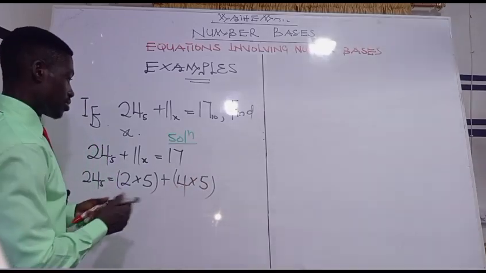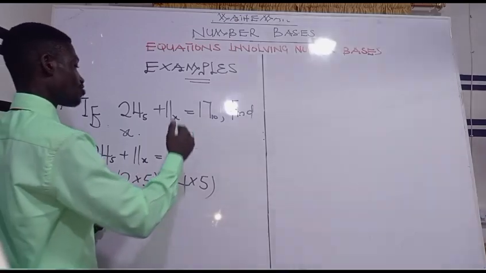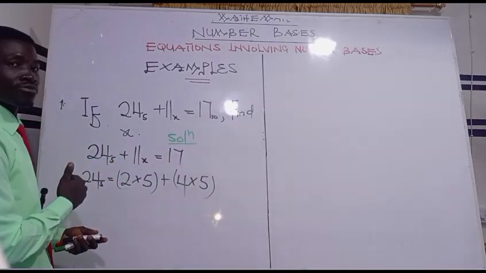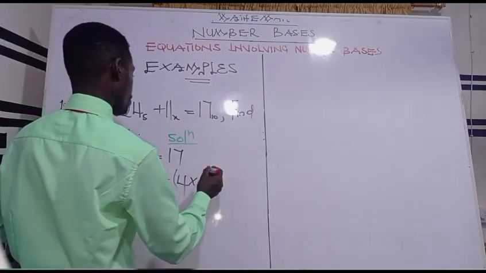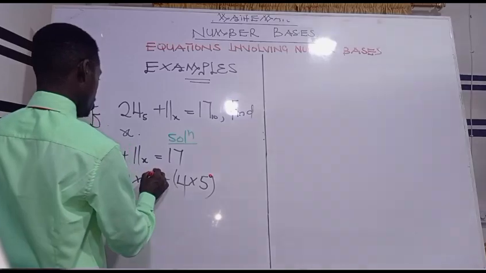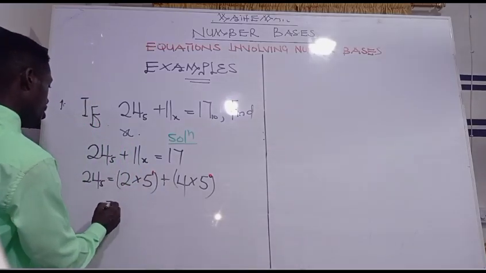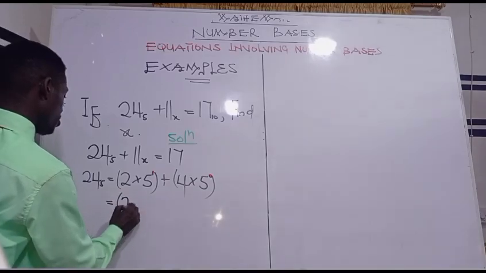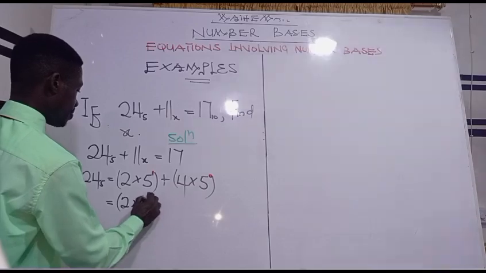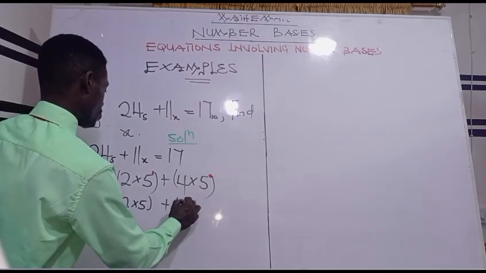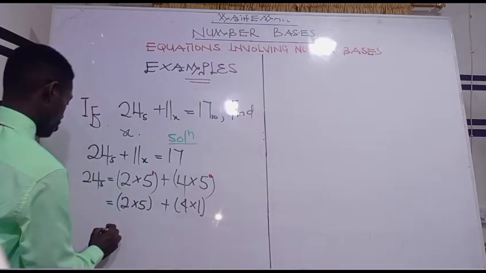The next thing that we are going to do is to start counting from the extreme right to the left, starting from 0, and then 1. Then it's just a matter of simplification. 5 raised to the power 1 gives us 5, plus 4 times 5 raised to the power 0, which is 1.